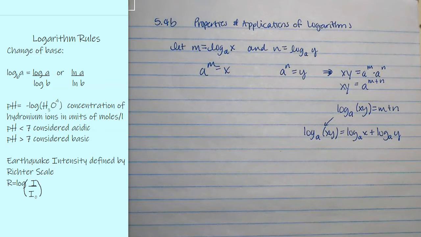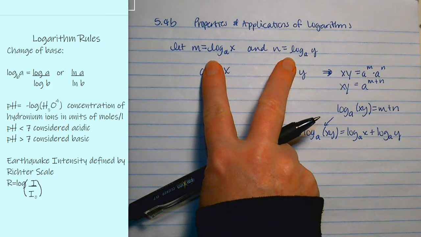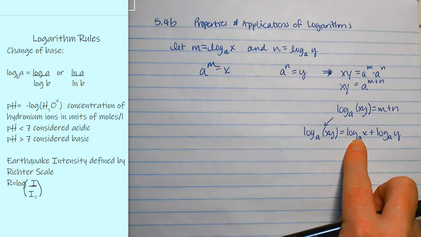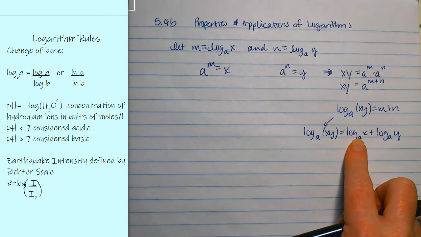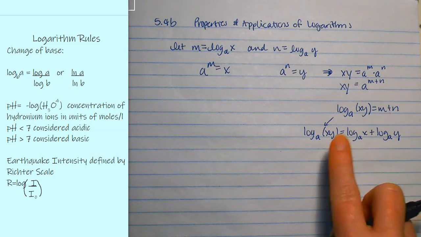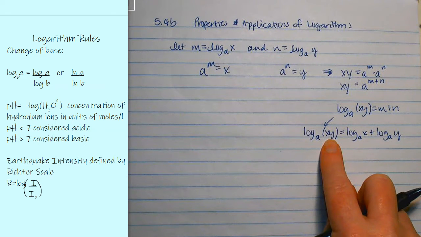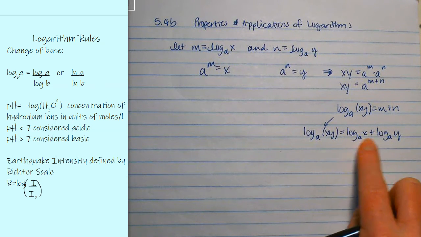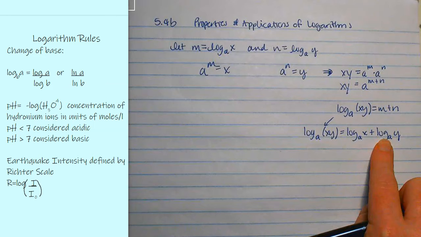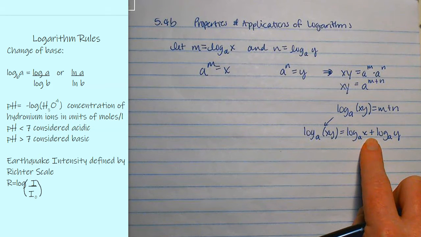So we've essentially proved, by starting with something and working through what we already knew about exponentials and exponent rules, that if you have a product in the argument, that's equal to separating the logarithms, keeping the same base, and making it into a sum.